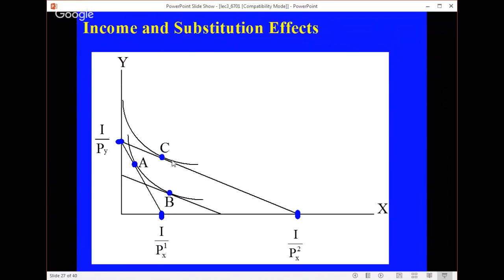In this case, when I add the income effect, he actually buys less X. That means the income effect for this good is negative, which means it's an inferior good. In other words, when I get richer, I buy less of this stuff. Questions? But it's the same process as we just went through before.